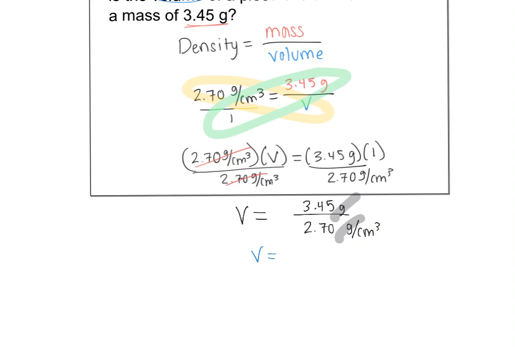So I end up with 1.277, so 1.28 with sig figs for my 3 sig figs. And centimeter cubed is on the bottom of a bottom fraction, so that's just centimeters cubed. There's my final answer.